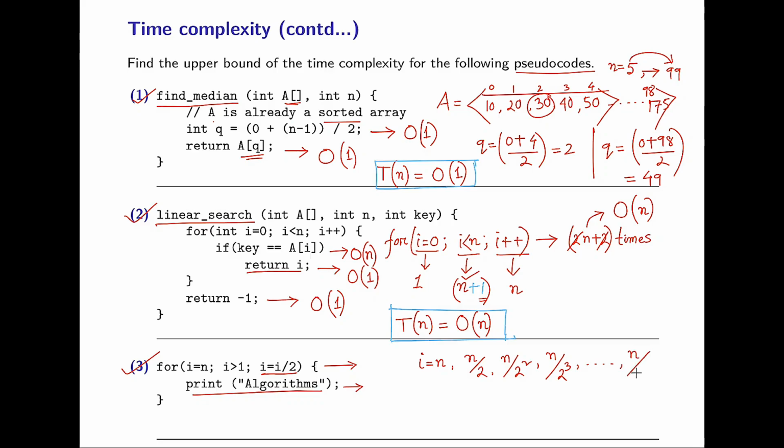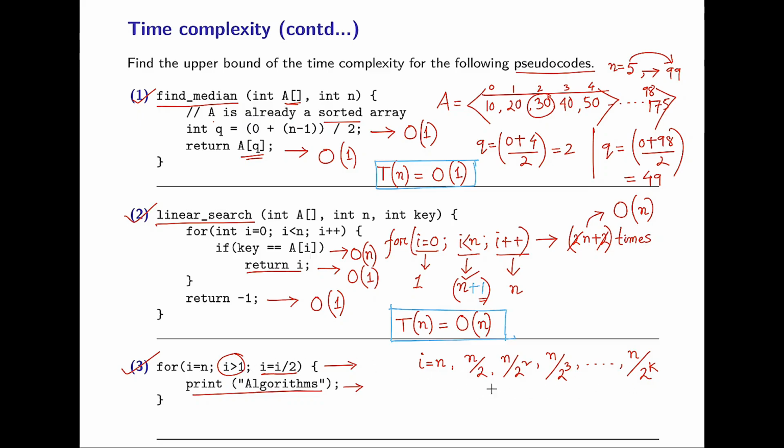Let's say it is going to repeat these things and it will stop at n by 2 to the power k. We do not know k now. We need to find out k, right? But one thing we know is that the loop will stop when I is less than or equal to 1, because up to the point where I is greater than 1, it will execute, and when I is less than or equal to 1, the loop will stop.